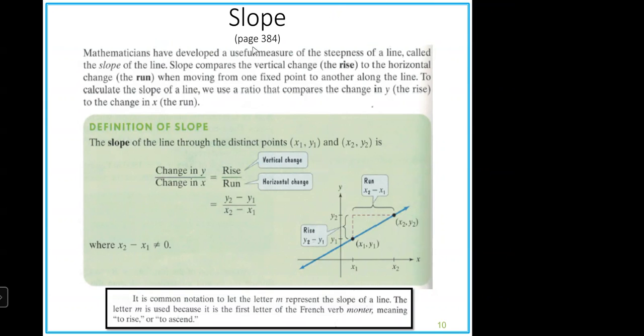And so the way that is measured is another way of finding what they call the steepness of the line or the slope. And so what we do, we look at the vertical change, which is the rise, compared to the horizontal change, which is the run. All right. And so we actually make up a ratio to show the difference between the rise and the run.